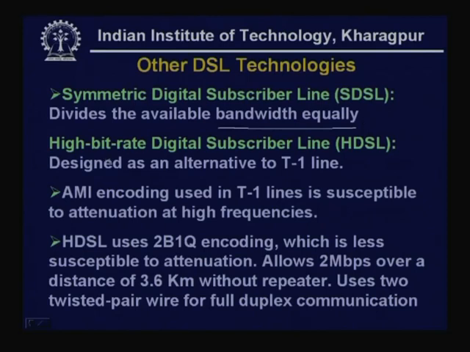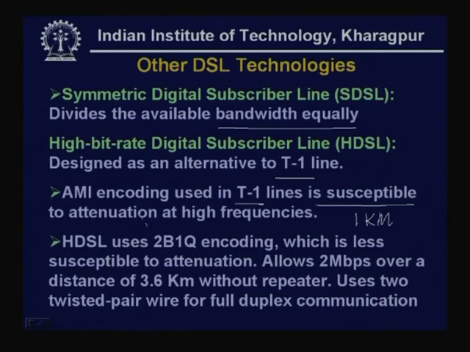Then you can have high data rate digital subscriber line, HDSL, which is an alternative to T1 line. As we know, the T1 line uses AMI, alternate mark inversion encoding, and it is very susceptible to attenuation and noise, attenuation at high frequencies. As a result, you do not get more than 1 kilometer without using a repeater.